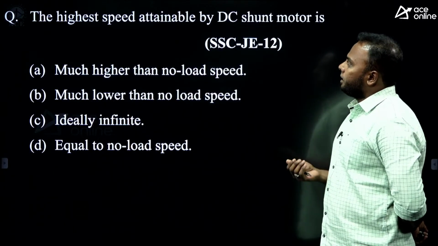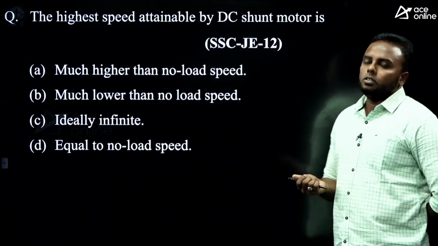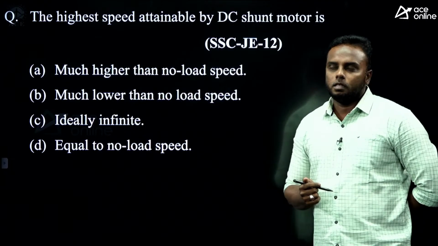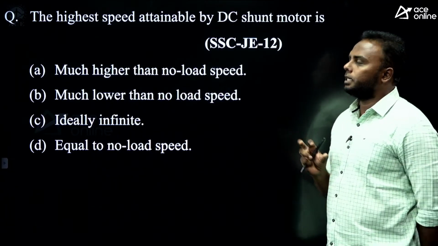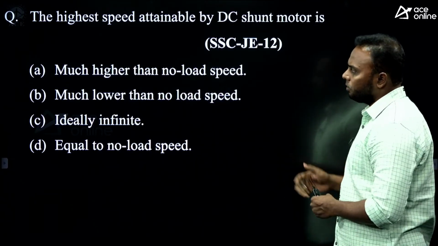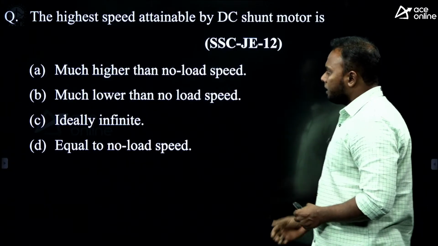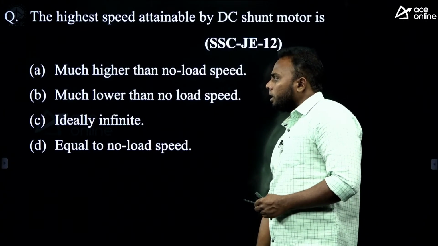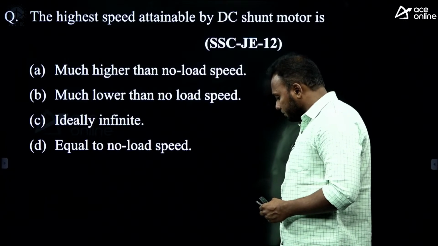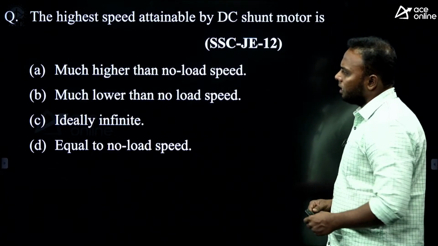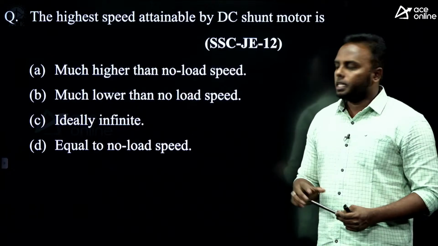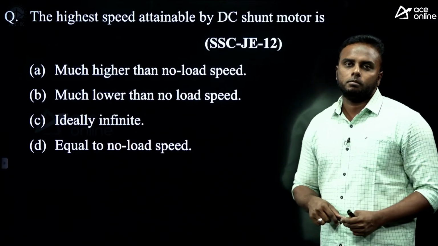The highest speed attainable by a DC shunt motor is dash. From the options: much higher than no load speed, much lower than no load speed, ideally infinite, and equal to no load speed.